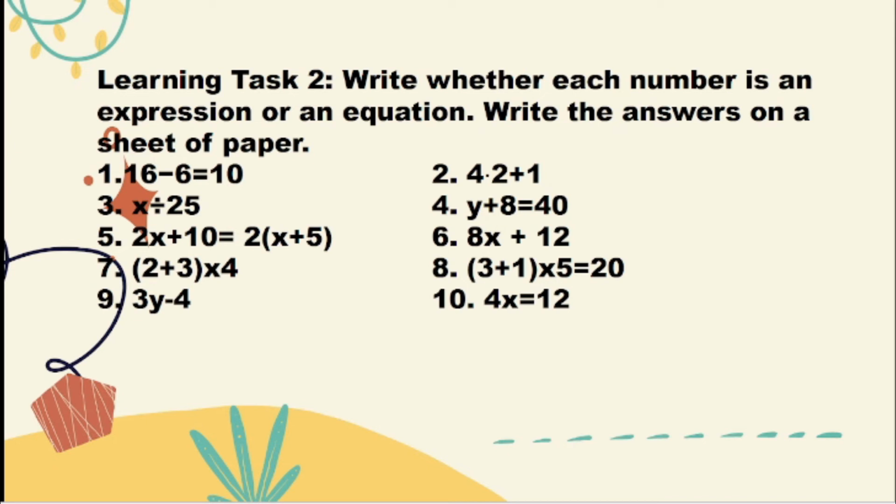So for learning task number 2, write whether each number is an expression or equation. So you may go back to the difference between expression and equation, so that you are able to answer the given. So you may answer it opposite each number. So let us read number 1. 16 minus 6 is equal to 10.